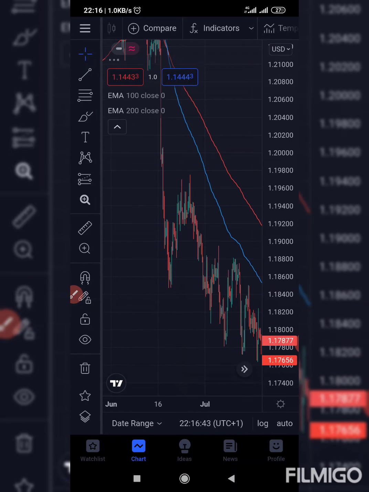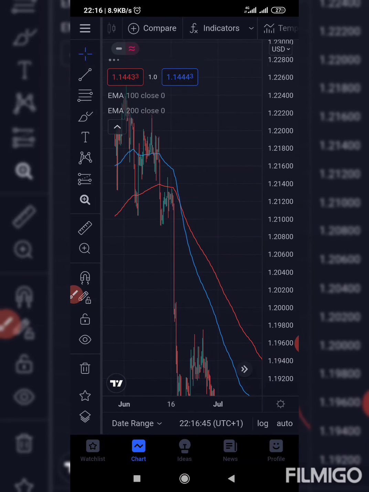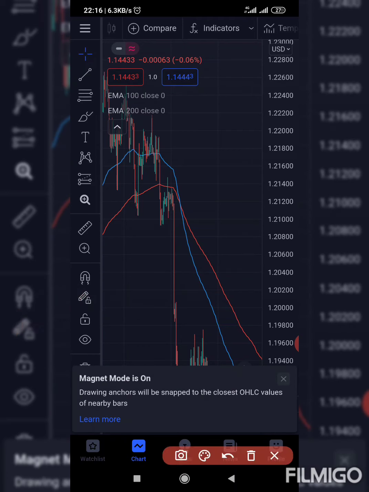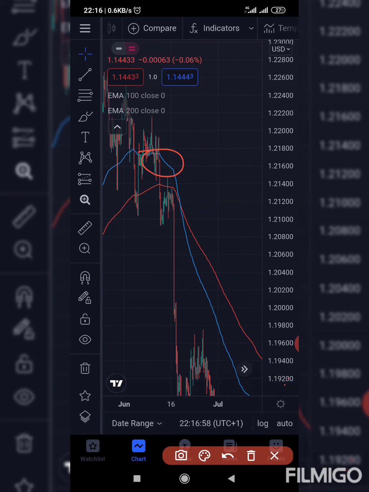Let's look for where a cross happens. Now this is an example of it. Can you see the slower moving average, which is the 100, is crossing the bigger one, which is the 200, from above downward. When you see this kind of thing, we refer to it as a dead cross.